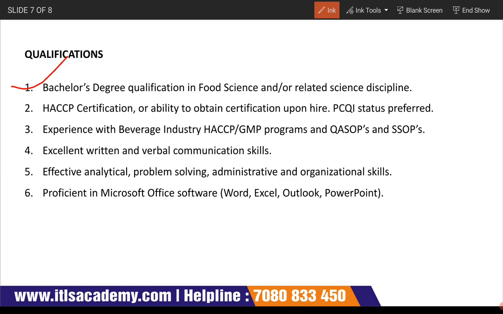So whenever you are giving any interview, make sure that you should be punctual, you should wear accurate dressing, right? So these are certain tips while giving any interview.